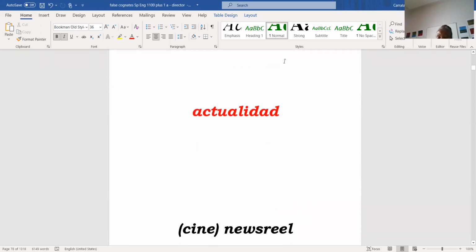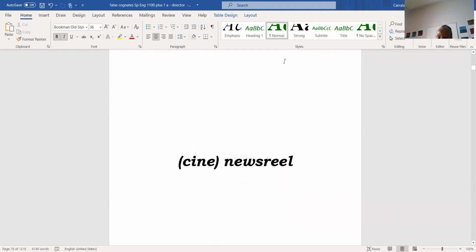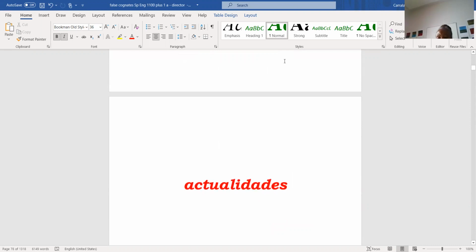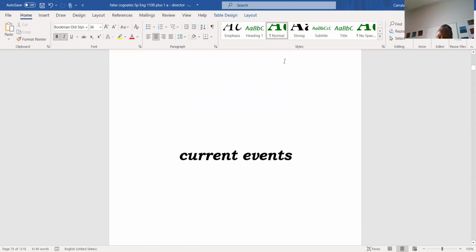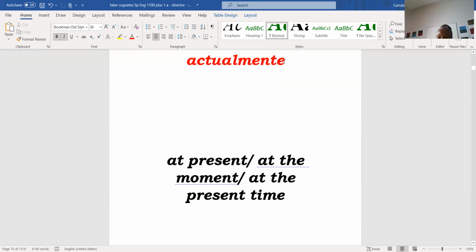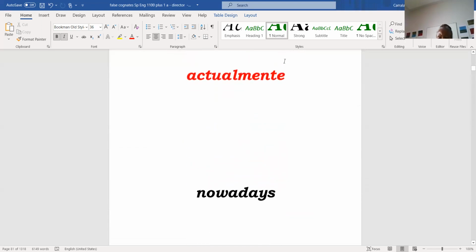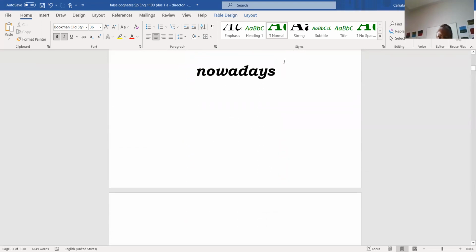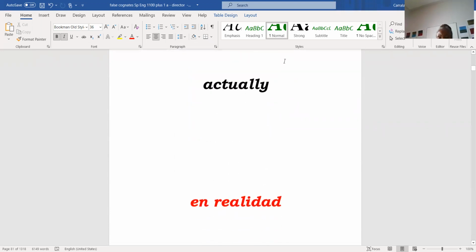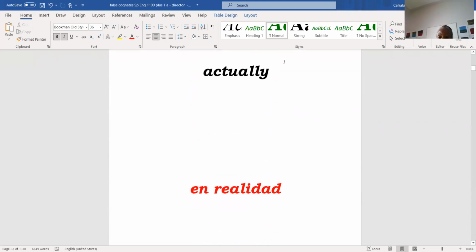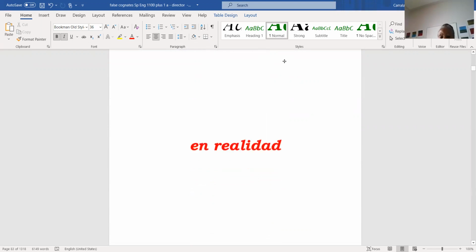Now, I'm doing this rather quickly; all you have to do is stop the video and copy. See how many A's are not even near the end. Actualmente, nowadays. Now here is that same word, the word that looks like it in Spanish, but how it is in English, actually, en realidad.